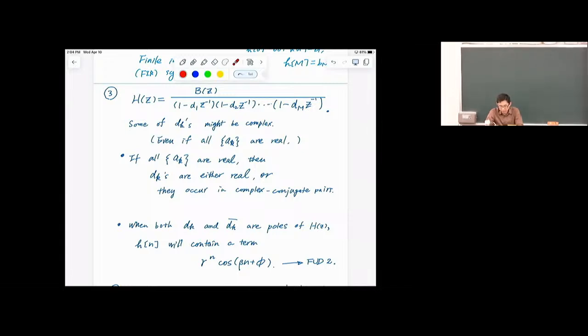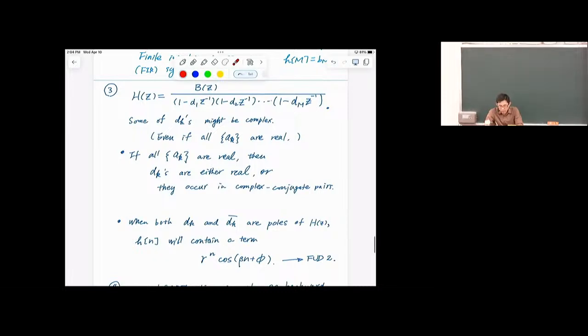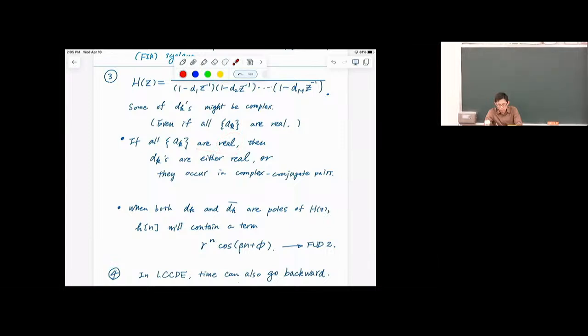And a small note right here. Even if all the coefficients a_k that we begin with are real, a real-valued coefficient polynomial may have complex roots. Of course. But if all the coefficients in the difference equation are originally real, then the complex roots occur in conjugate pairs.